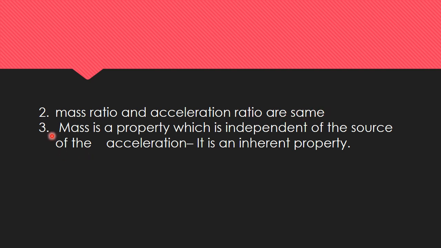Another point is that mass is a property which is independent of the source of the acceleration. It does not depend on the source of acceleration, and it is an inherent property of the body.